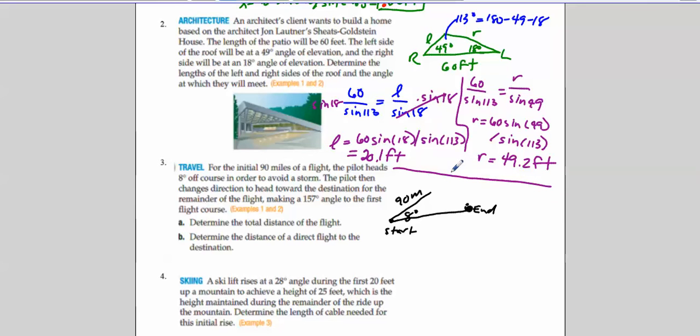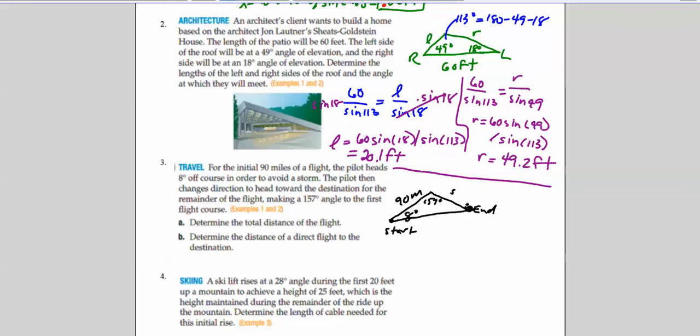And then the pilot changes direction to head towards the destination and makes an angle of 157 degrees. So this angle here is 157 degrees. And we need to find the total distance of the flight. So if I'm going to use the capital S here for start, I could make this a lowercase s here.